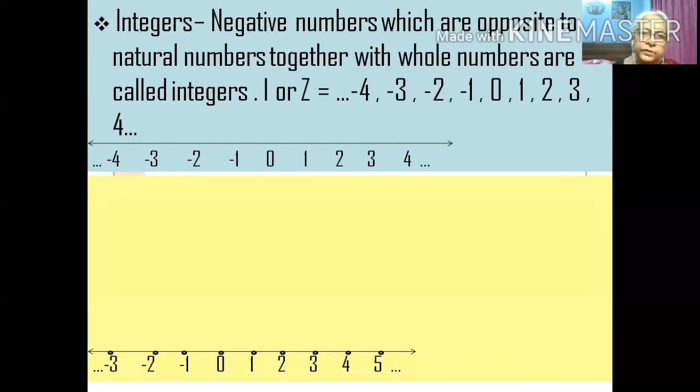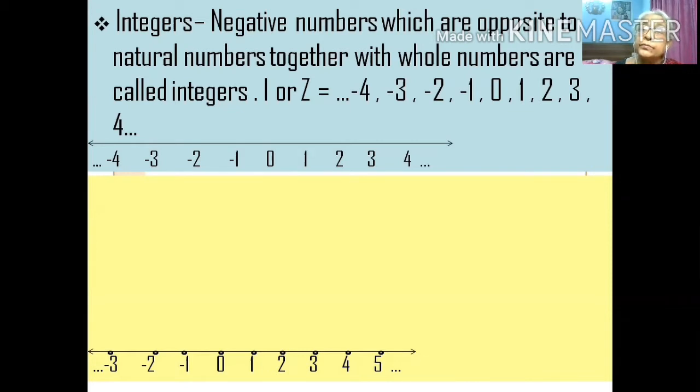Then comes integers. Negative numbers, which are opposite to the natural numbers, together with whole numbers are called integers. Opposite to natural number means negative.